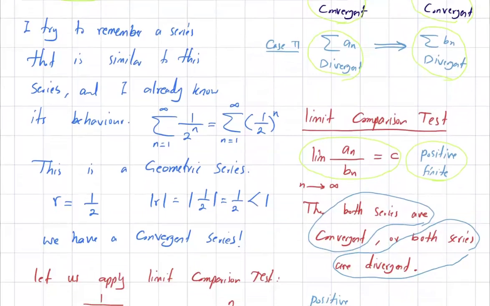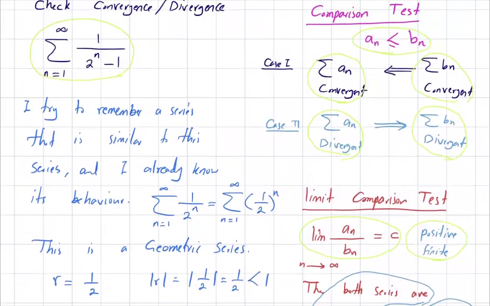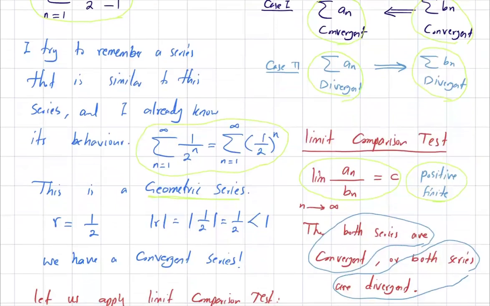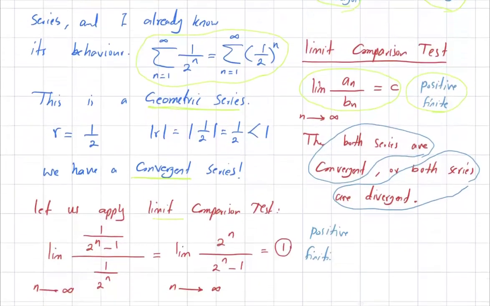If the limit is equal to a positive finite number, it means that both series are convergent or both series are divergent. By looking at this series, I remind myself of a geometric series that I have seen before. I know the behavior of the geometric series. It has a ratio of a half, and the ratio is less than 1, so we have a convergent series. Now I'm going to apply the limit comparison test.